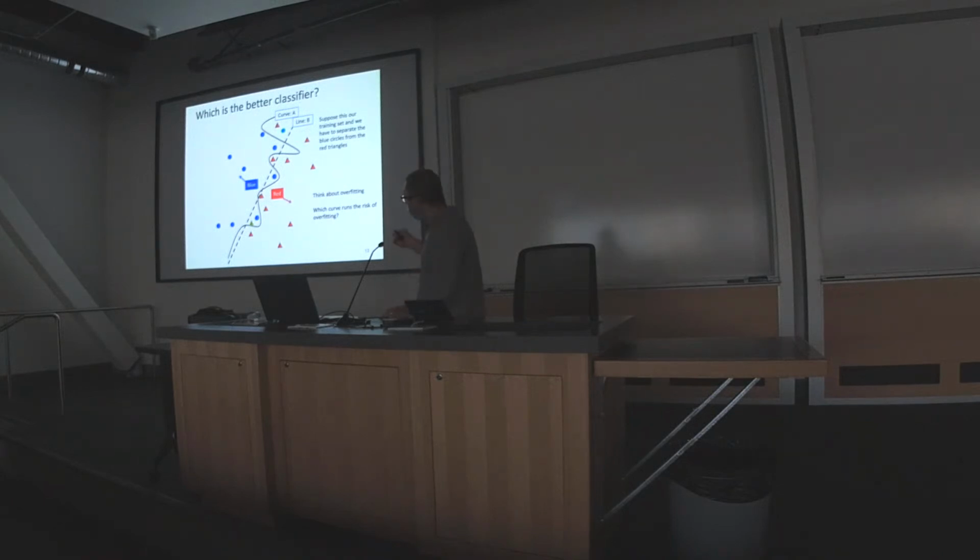But now let us look at the line. The line is pretty robust, right? You can see that the line misfits this red triangle here, and also misfits this blue circle here. But there is a reason, because this red triangle and this blue circle are likely to be noises. So if you choose an appropriate line here, you can avoid being affected by those noisy labels, so that when we see a new test example, we can give a correct prediction.